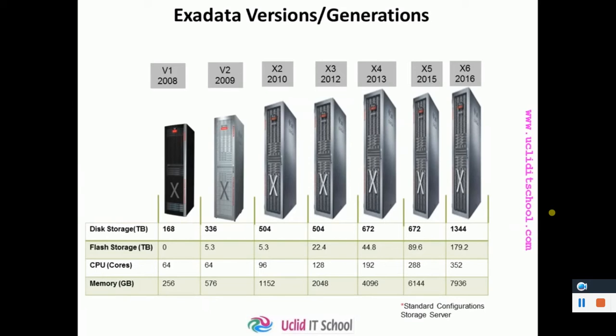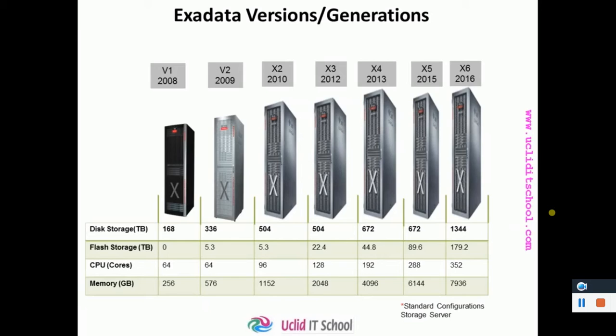Or before that, if you see this diagram, if you see this slide, V1 I am showing you in a different color, black color, remaining all in different colors. There is a difference between first version and the remaining versions. The first version, which is V1, the hardware was HP hardware. The servers are HP servers, not the Sun servers.